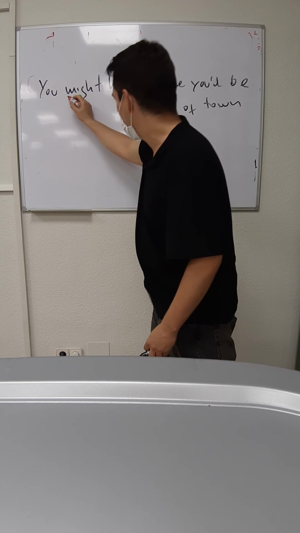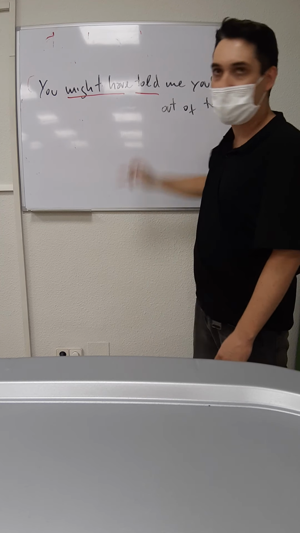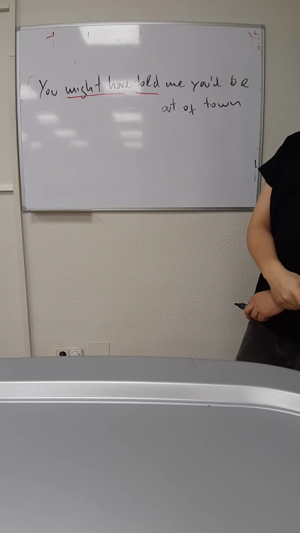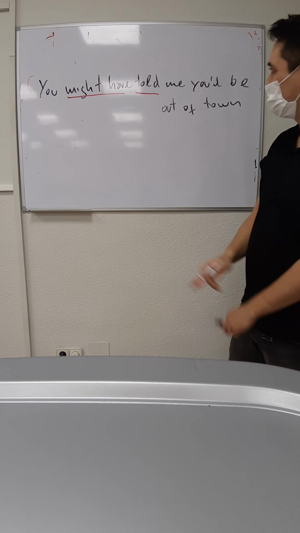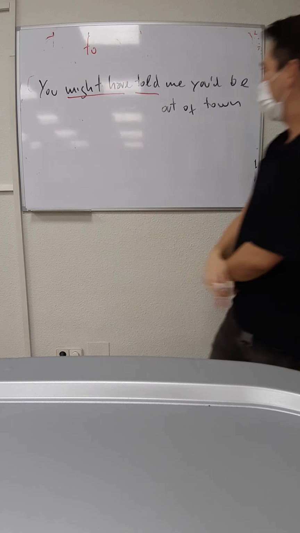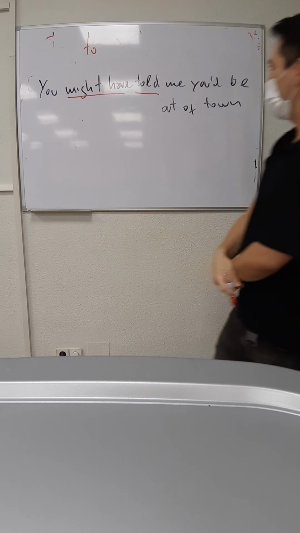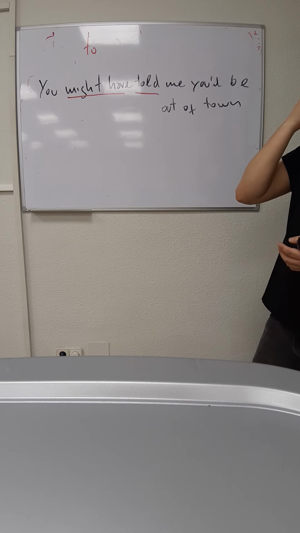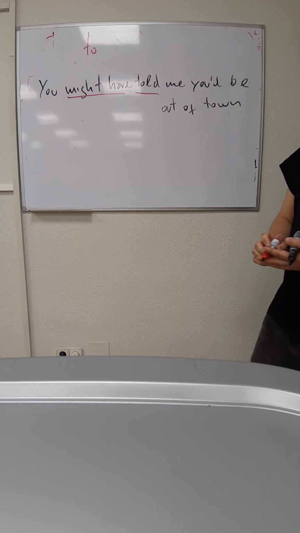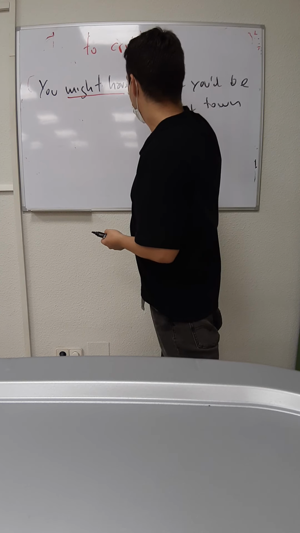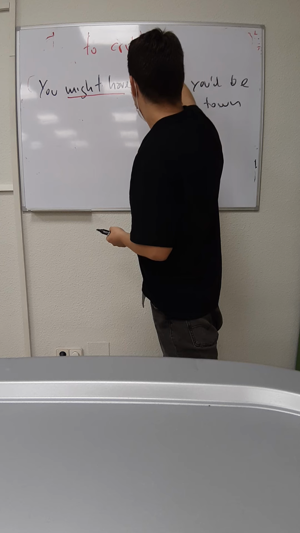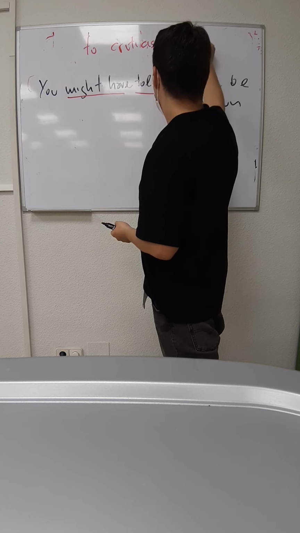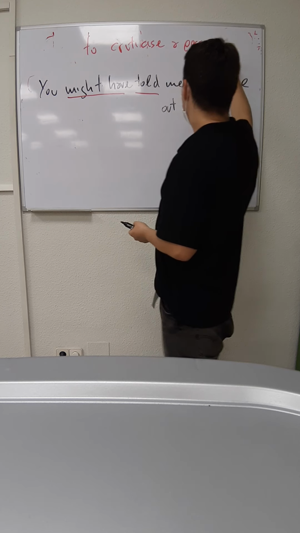Here I'm using might have and then past participle. What am I doing here? What am I expressing? Exactly, I am criticizing a person's behavior.